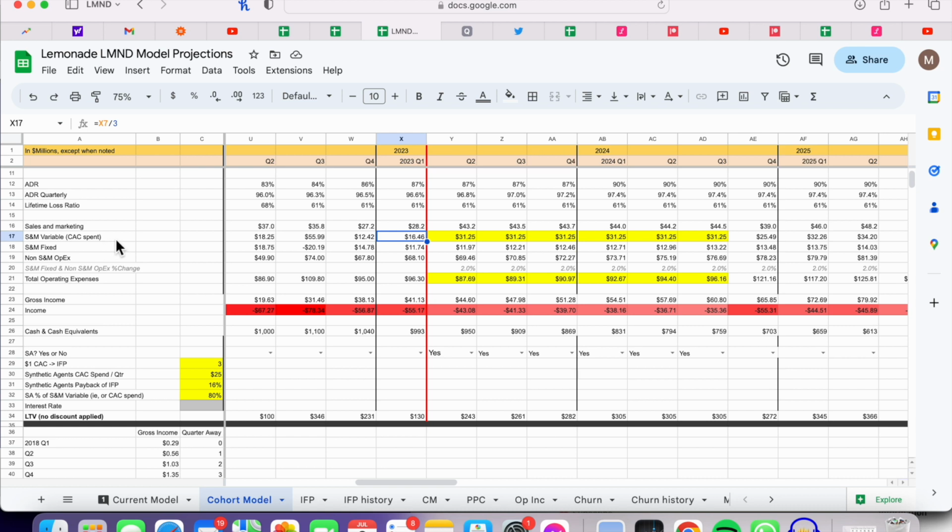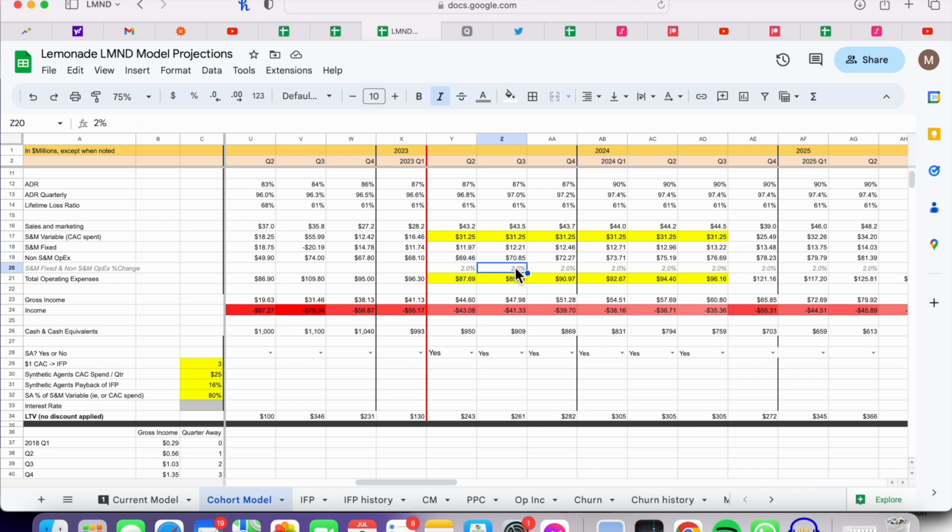So that's how I've calculated their sales and marketing variable in previous quarters, and then the difference is their sales and marketing fixed. So I have their fixed, and I have non-S&M operating costs, and then I have a growth rate for those costs, which I have growing at about 2%. So you can change those.